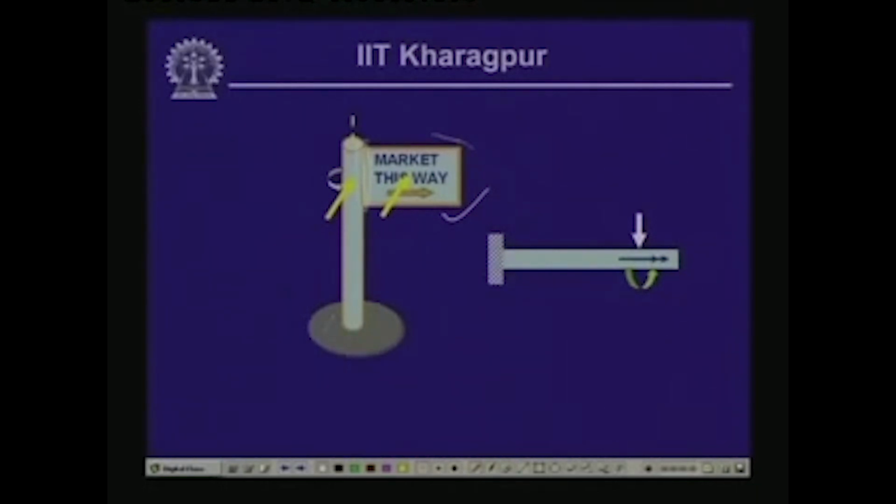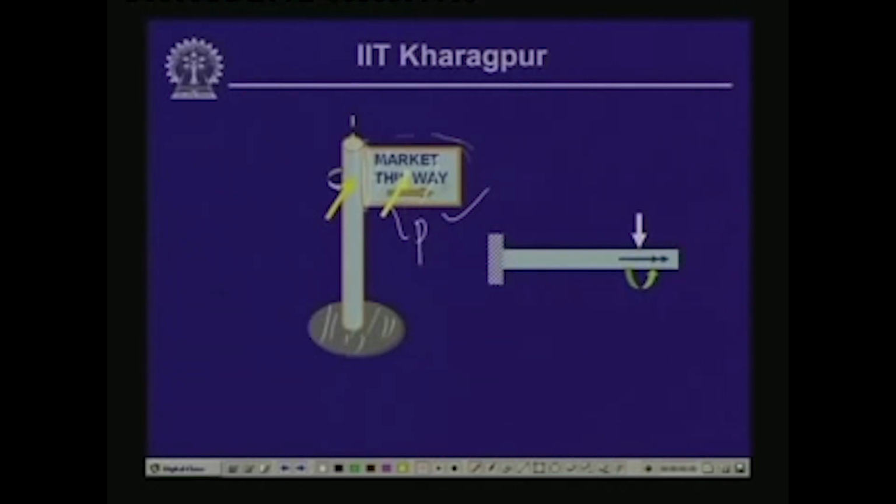The vertical shaft is connected at the base by some rigid support. Now, this board which is projecting from the shaft is exposed to forces like wind. When the wind load acts perpendicular to this plate, let us say the resulting wind load which is acting at the center of this plate is P.